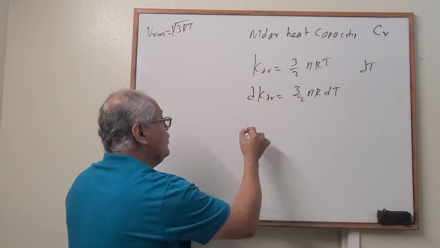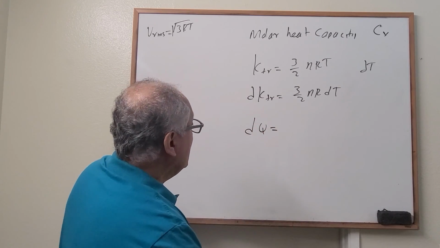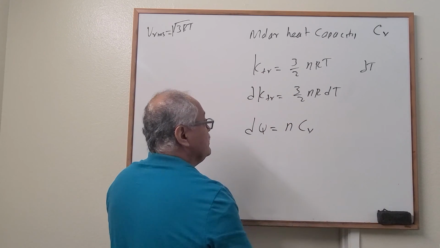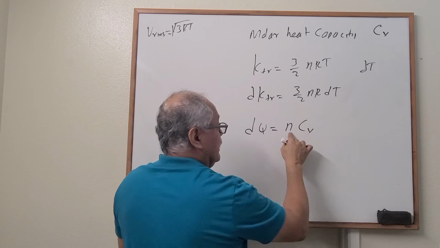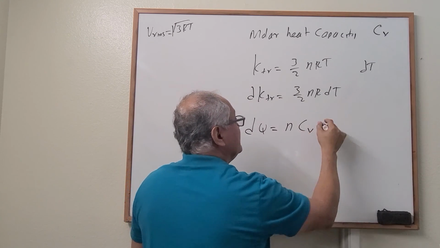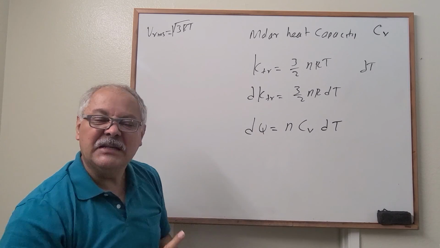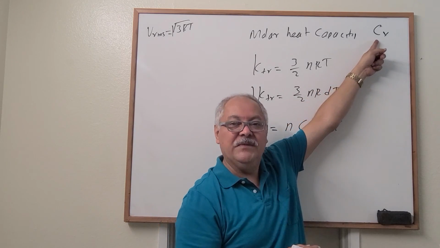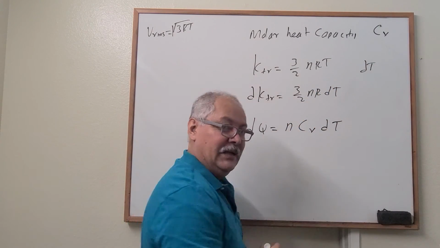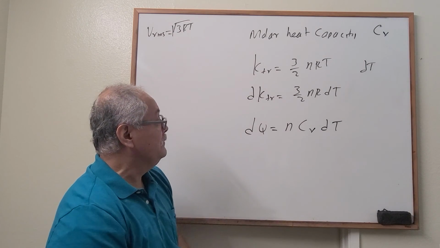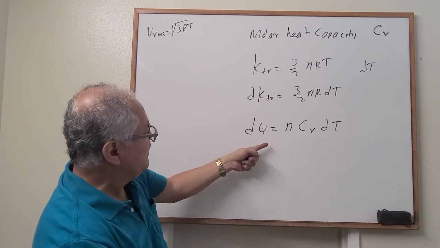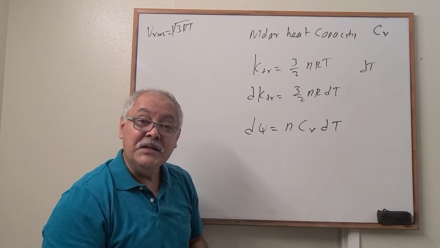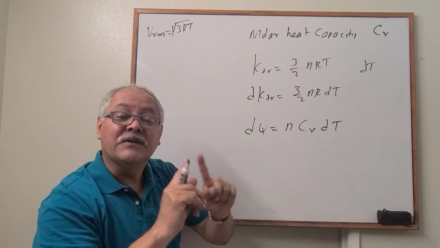So what do we have? Well, when we use the formula for heat capacity, in this case molar heat capacity, this is equal to the number of moles times the heat capacity at constant volume times dT. At the beginning the formula was like this, but now because we are going specifically to constant volume, we represent that using this notation. Now because energies are related, the heat added to the system is actually converted completely to translational kinetic energy.